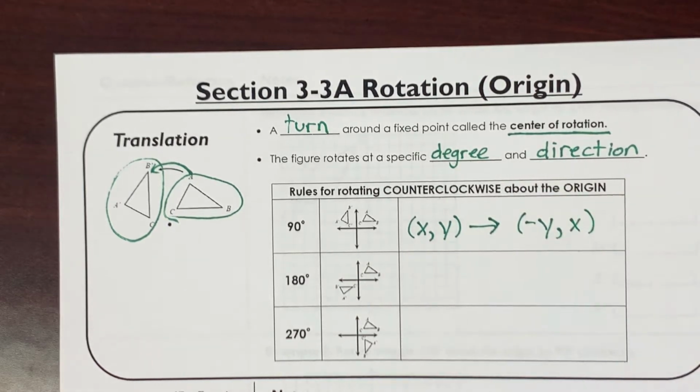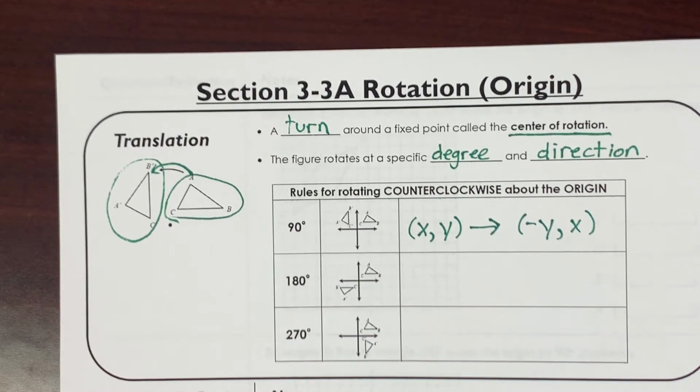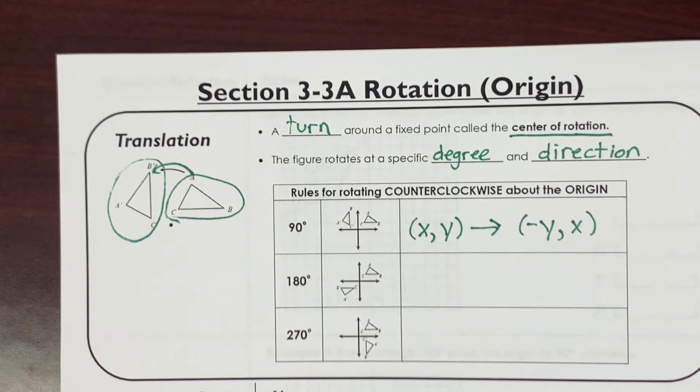So for the first one, let's go through the specifics, make sure you see the pattern, and then you'll have the idea of what the other two are telling you to do. We're going to take the two values of our coordinate point, x and y. We are going to flip them, so the y value first, the x value second, and we're going to change the sign of the y value. So for example, if we had (1, 3), this rotation would create (-3, 1).